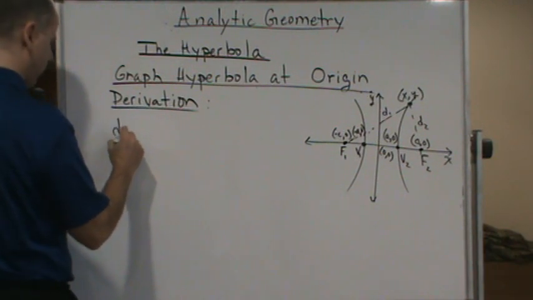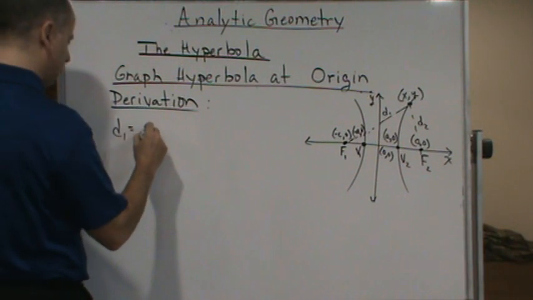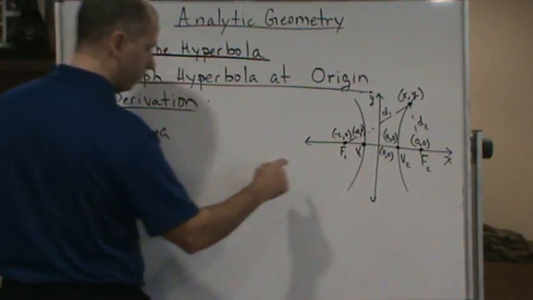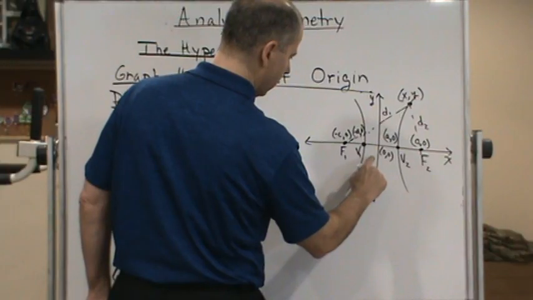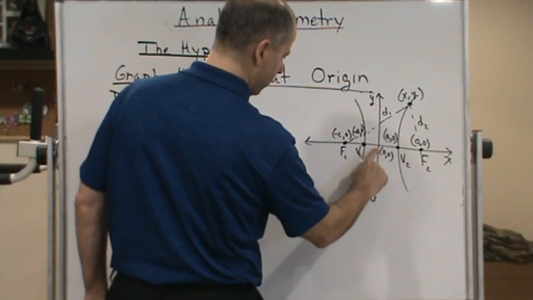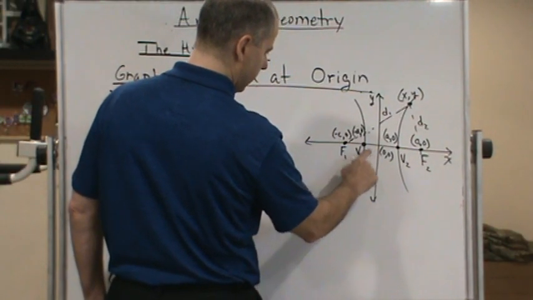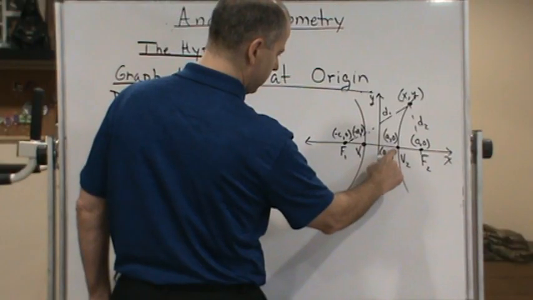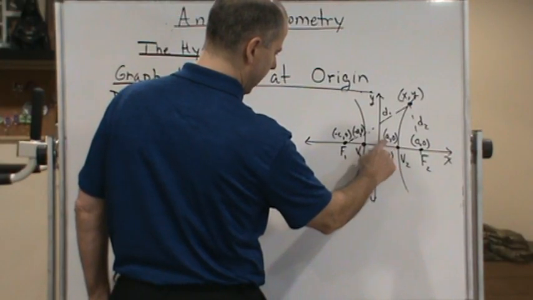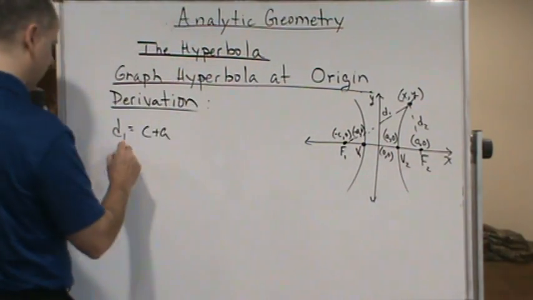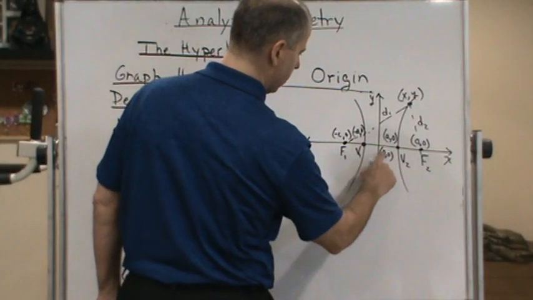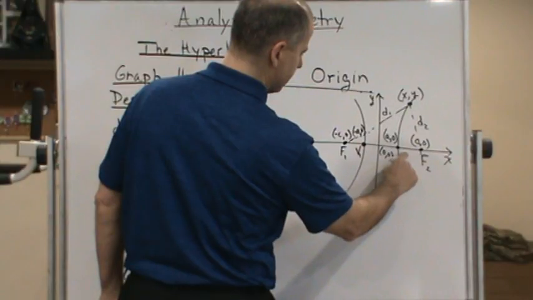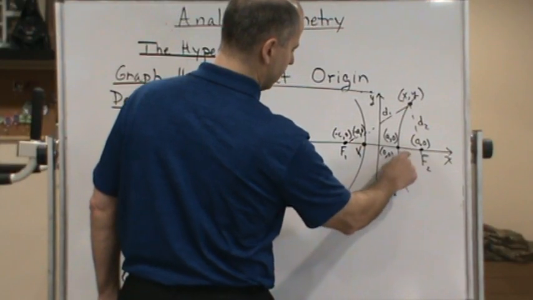Okay, so D1 is just going to be C plus A, right? The distance from F1 to the origin is C, and the distance from the origin to V2 is A, so C plus A. And then distance 2 is this distance here, but we don't know it directly.